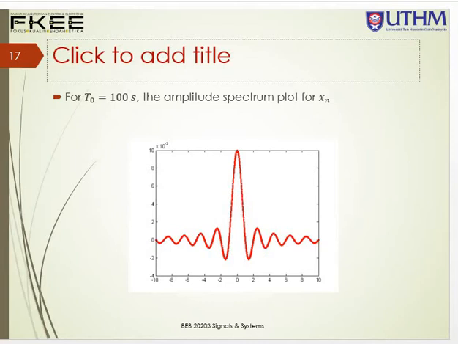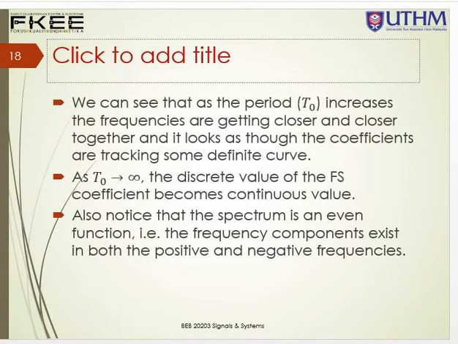What is the meaning of increasing the T0 value? As the period T0 increases, the amplitude spectrum gets smaller. Initially it is 0.2 for T0 equal to 5 seconds, down to 10 to the power of minus 3 when T0 equals 100 seconds.